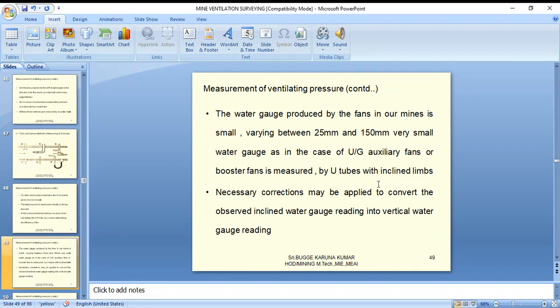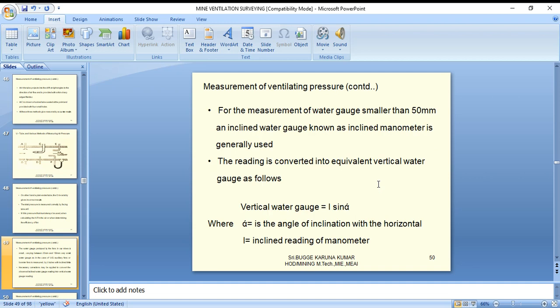The water gauge produced by the fans in our mines is small, varying between 25 mm and 150 mm. A very small water gauge, as in the case of underground auxiliary fans or booster fans, is measured by a U-tube with inclined limbs. Necessary corrections may be applied to convert the observed inclined water gauge reading into the vertical water gauge reading.